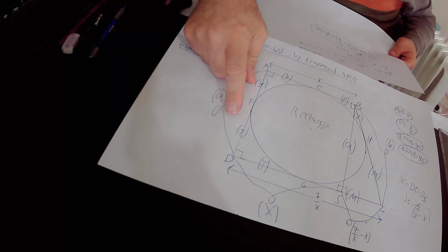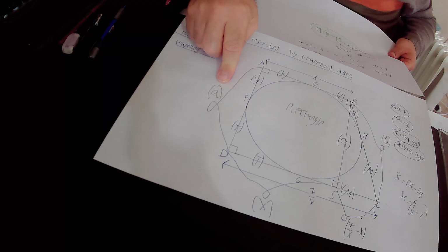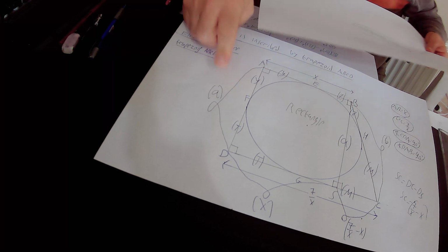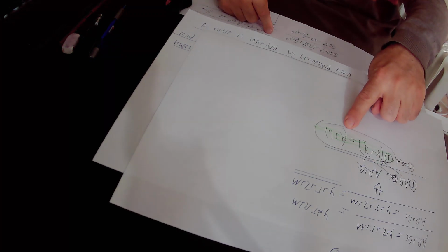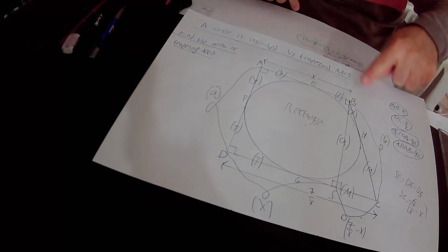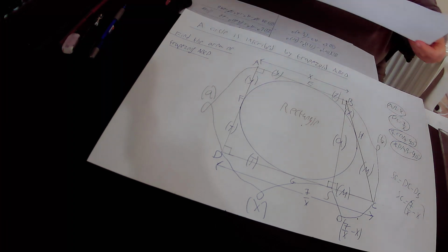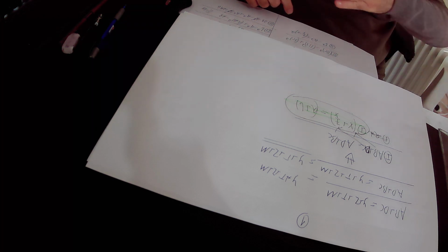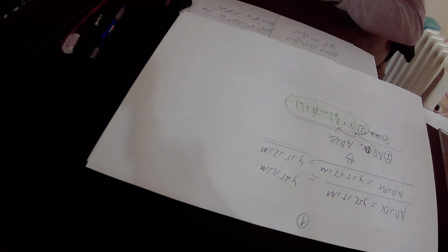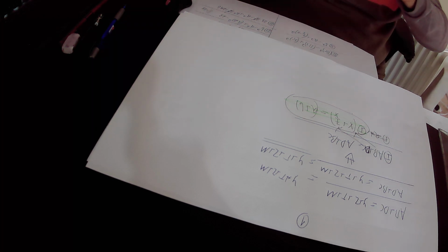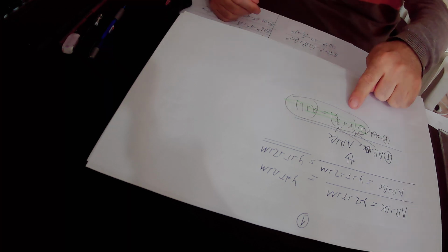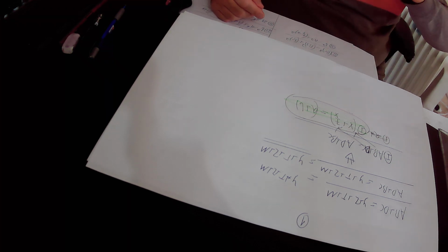AD is A according to our definition, and BC is B, according to our definition. So in total, we can find out that according to equation 1, X plus 7 over X equals A plus B.